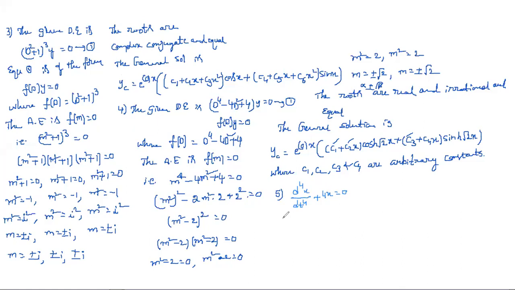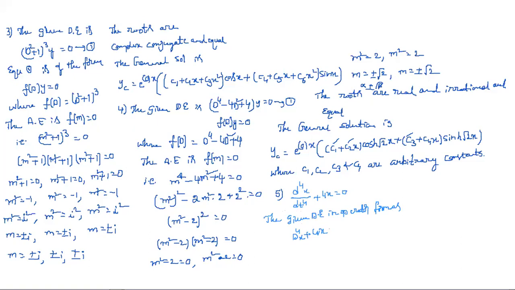So the given differential equation in operator form, simply we can write, d power 4 x plus 4x is equal to 0.